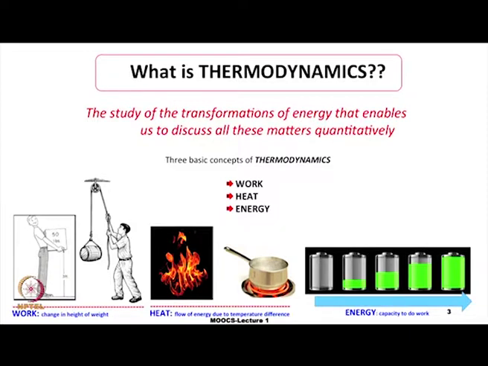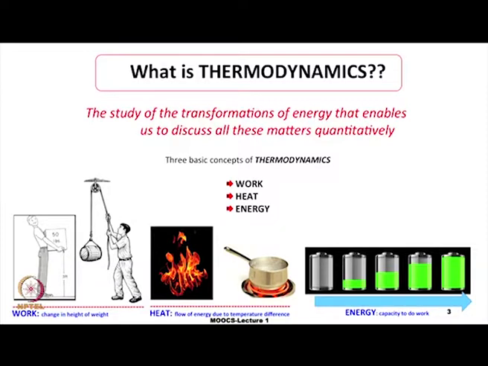Energy, what is energy? Energy is the capacity to do work. Like here we see that the cell is charged to different levels. That means the capacity of this system to do work is different.